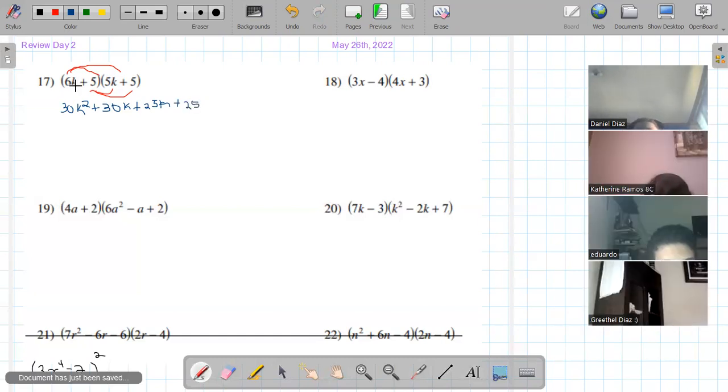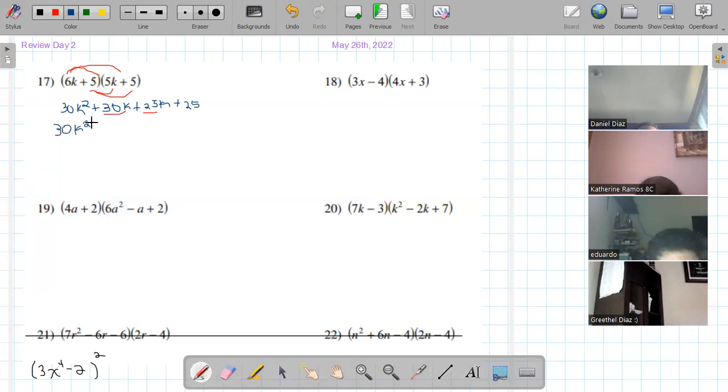Now, remember what I told you in class. Whenever you have a binomial multiplying another binomial and they have their corresponding terms with variables with the same exponent, meaning 6k and 5k, they're both on the same spot in the binomial, first term, and they have the same exponent, the middle terms are going to be like terms. So we're going to have as a final answer 30k squared.